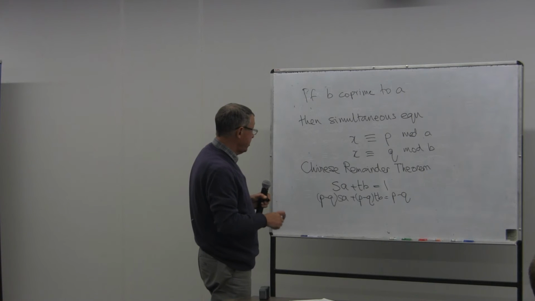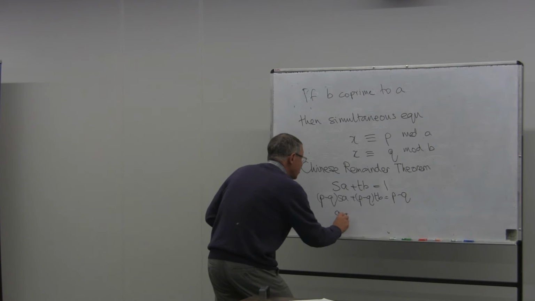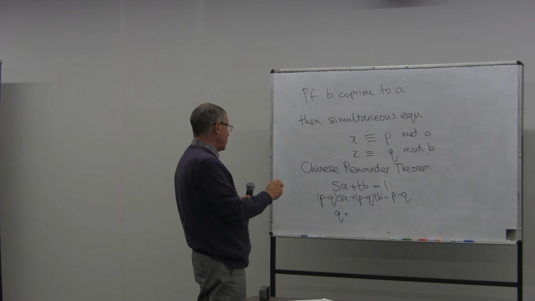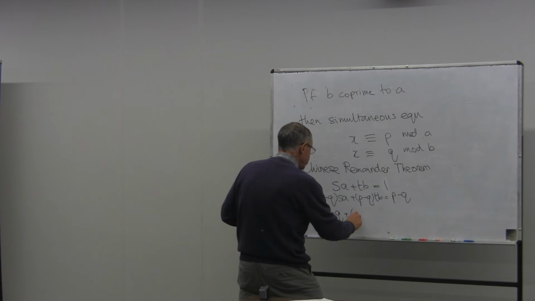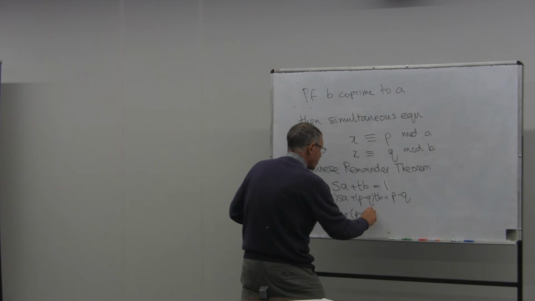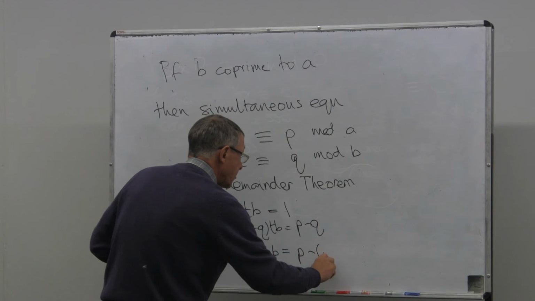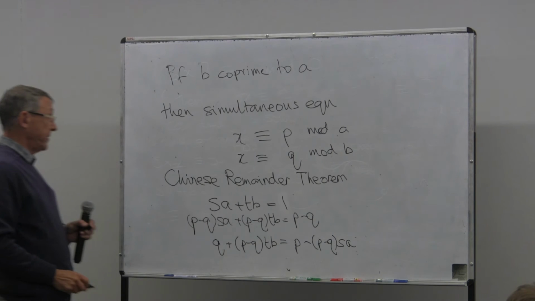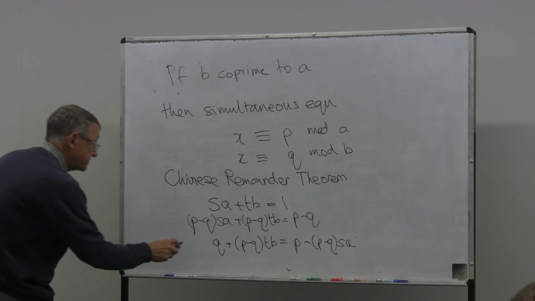We can get, taking the Q to this side, Q plus this one, P minus Q TB, equals P minus Q SA. So this is a number, and this is your x.